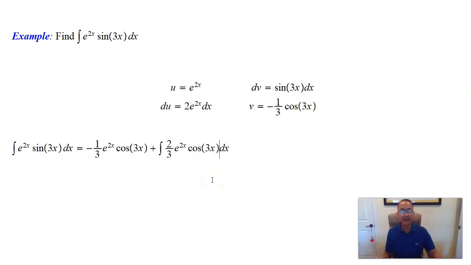So in the last example, x squared e to the minus 5x became x e to the minus 5x. It looks better. But now, we get e to the 2x cosine 3x dx, which does not look better or worse than e to the 2x sine of 3x. It's practically the same.